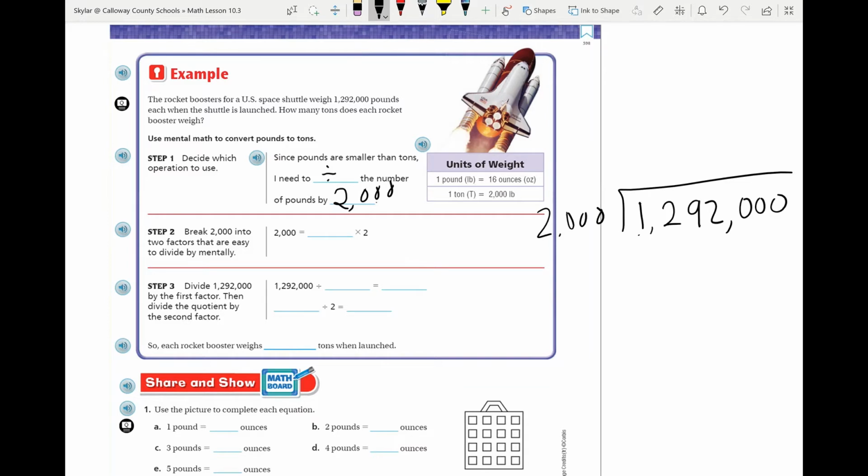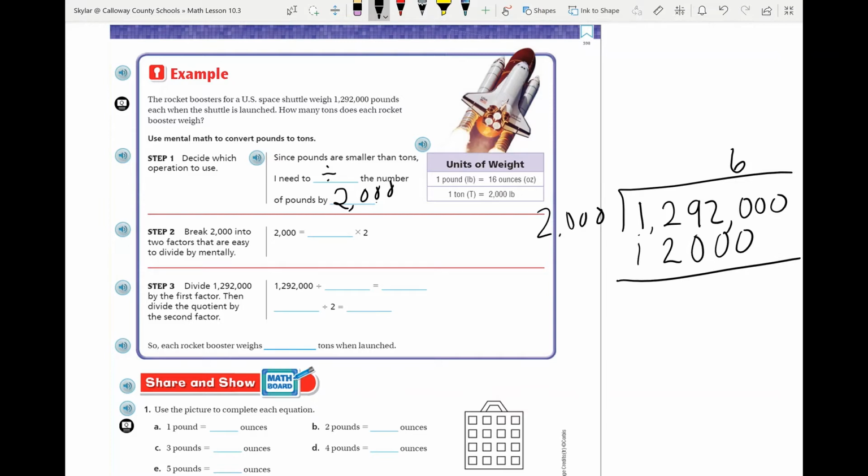Well, 1, it won't. How about 29? Nope. 292? Nope. How about 2,920? Nope. 29,200? There we go. It'll go into it 6 times. Hmm, sorry, 12,920? There we go. It'll go into it 6 times. And it'll give us 12,000.